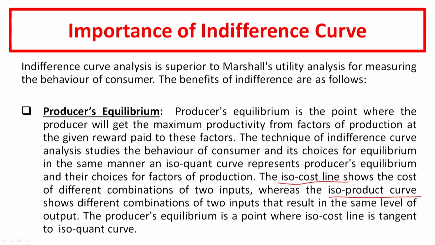The producer will be in equilibrium where the ISO cost line is tangent to the ISO product curve. When they are both tangent to each other, at that point the producer is getting the maximum productivity from the inputs. So, producer equilibrium is also located through the analysis of indifference.